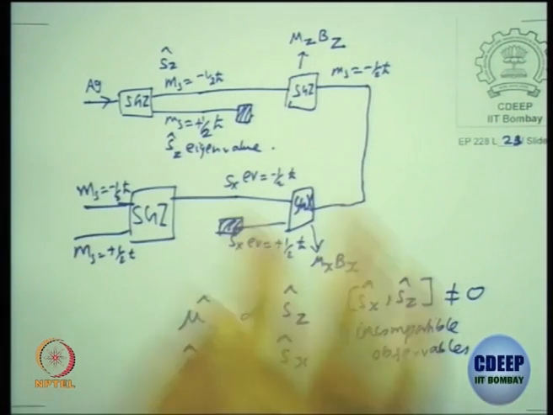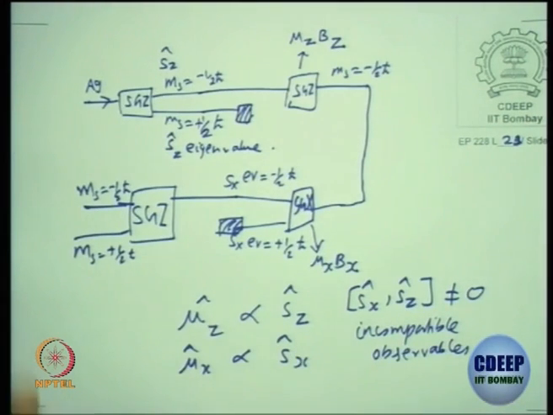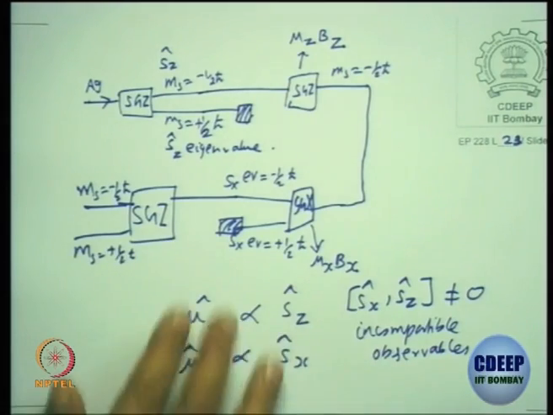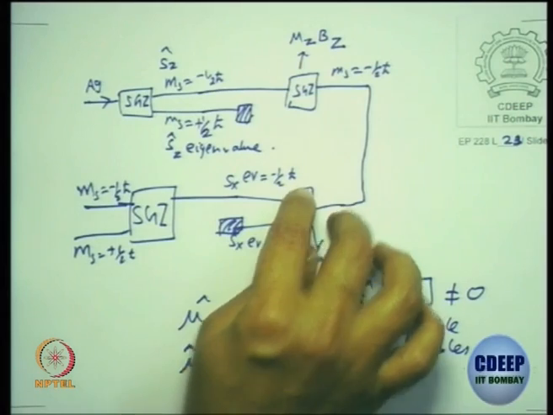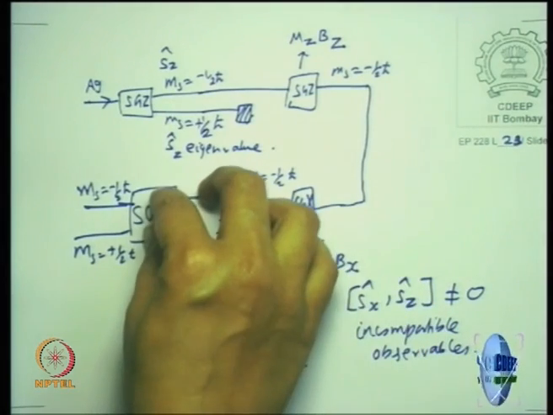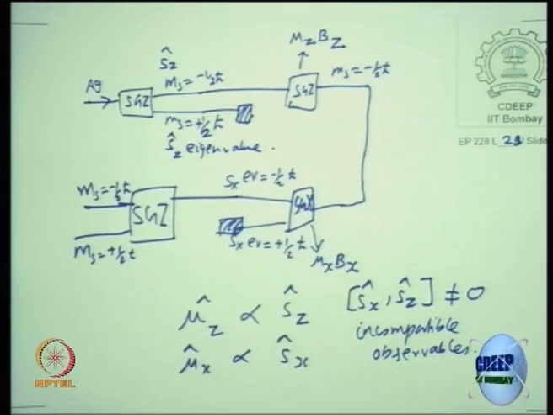Let me not get to doing too many things. But if you do it, you will see that this particular eigenstate of Sx operator, when it passes through the Stern-Gerlach of Y, will give you equal intensities of two beams. So the probability for it to split into the two quantum states of mu y operator will be equal.